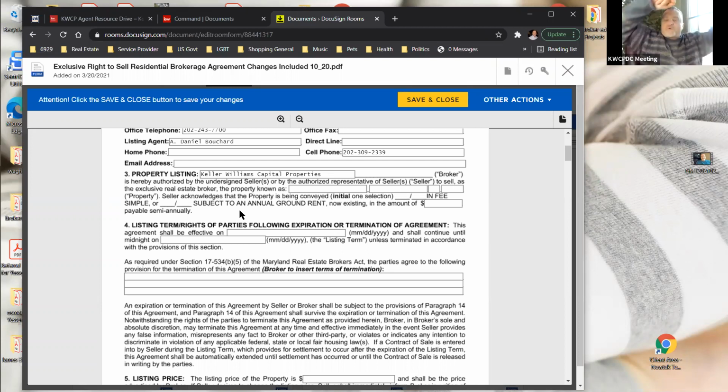Right. You own the property, the land, the earth below you, and the sky above you. So sometimes, if you remember back in your pre-licensing classes, you talked about air rights and mineral rights, and all of that encompasses what fee simple is.